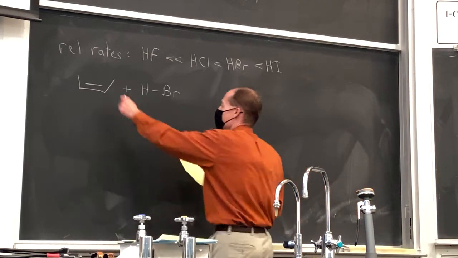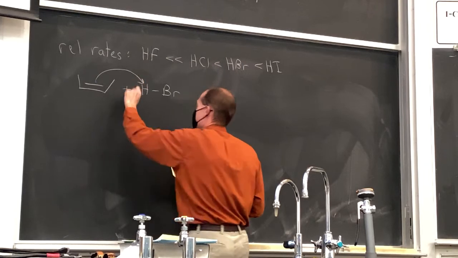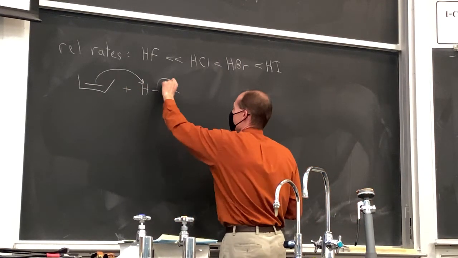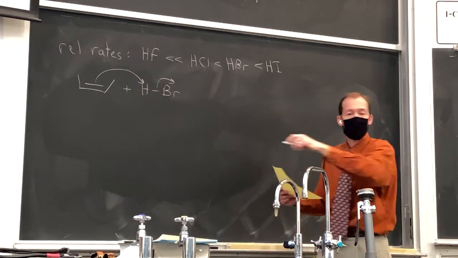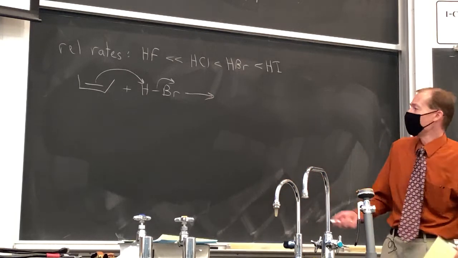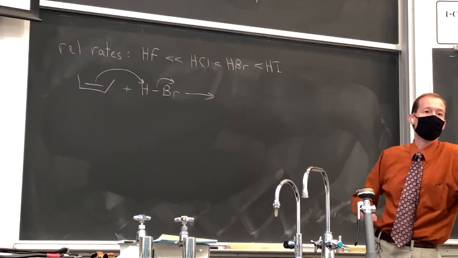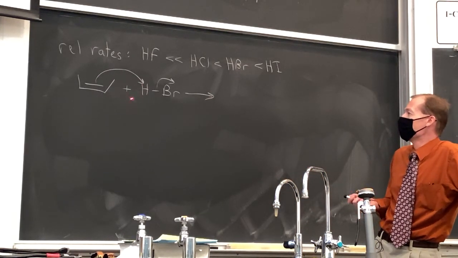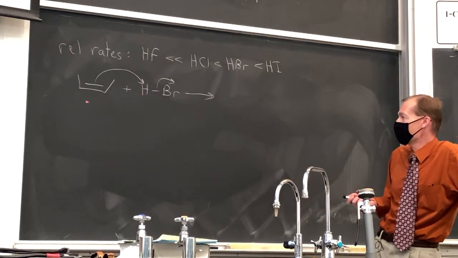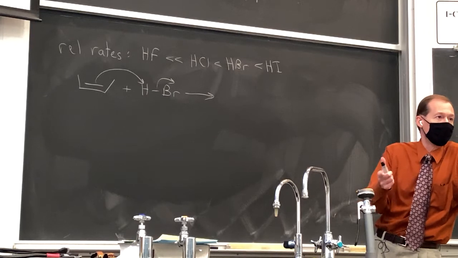So what happens is our pi electrons attack our acid. We protonate those electrons. We're going to cleave the sigma bond between the hydrogen and the bromine. So what will happen as we protonate the pi bond is we're now going to end up with a sigma bond between this hydrogen and one of the two carbons that was involved in the alkene.